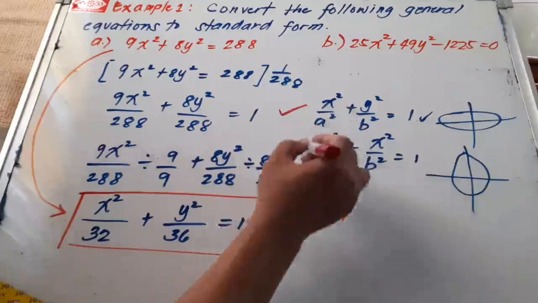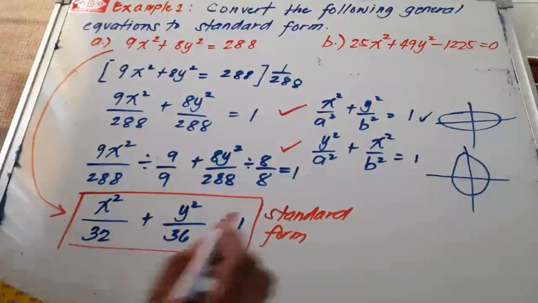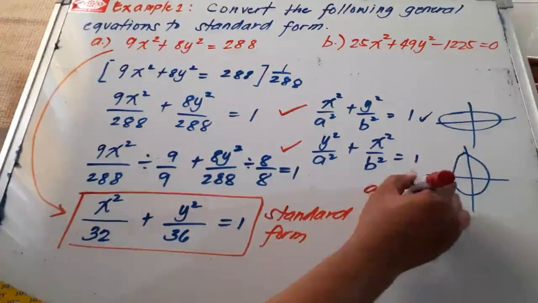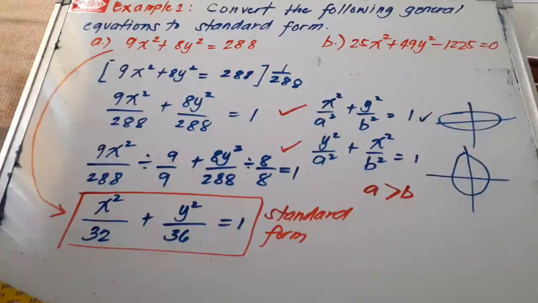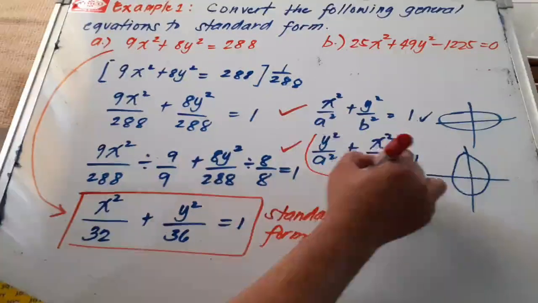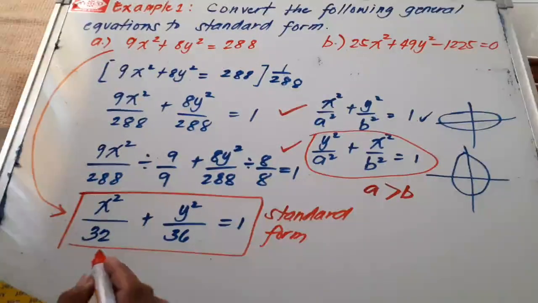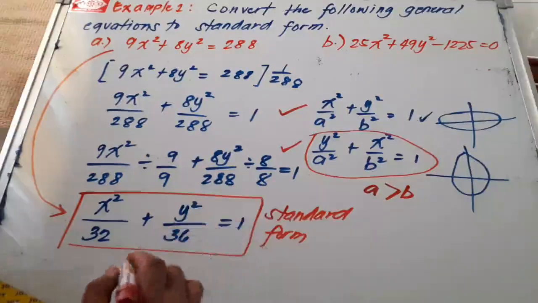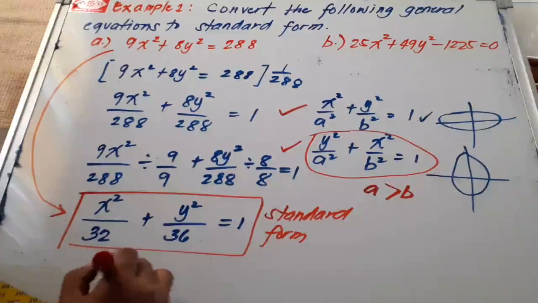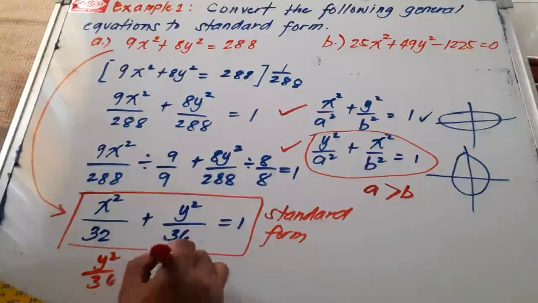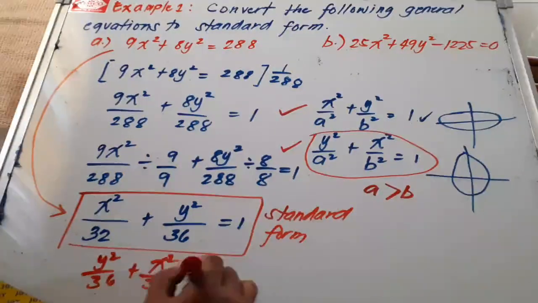This equation or this equation? Remember, a is always greater than b. So if a is greater than b, therefore, this is the equivalent standard form ng ating equation ng ellipse natin. Okay? So therefore, pag i-arrange natin ganon, we have y squared over 36 plus x squared over 32 equals 1.